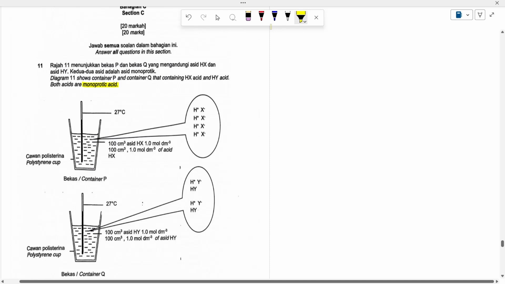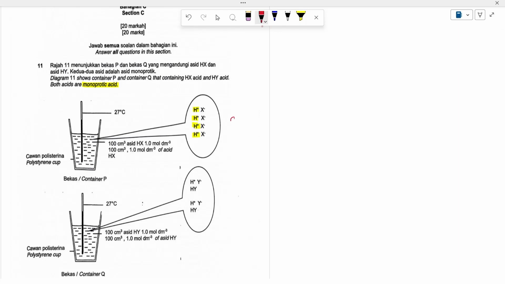Now we see the hydrogen ions in the HX acid are all ionized completely, meaning we can denote this as a strong monoprotic acid. In our syllabus we have only two, hydrochloric acid or nitric acid.